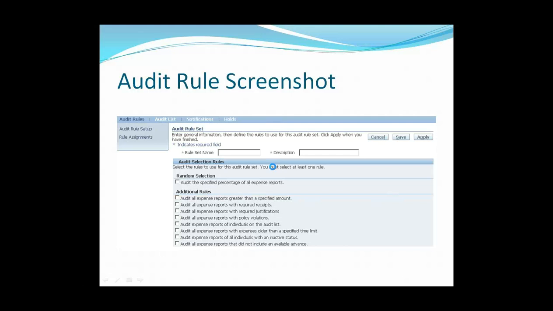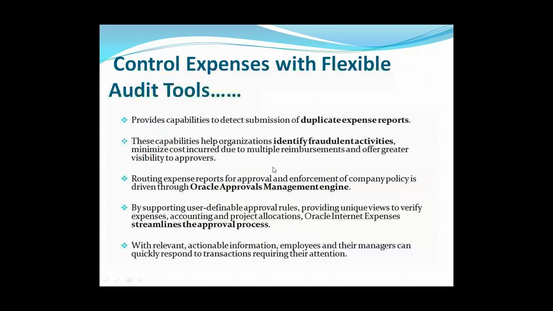Going forward, using this iExpense module, we can also control the expenses with flexible audit tools. Okay. Because in the iExpense module, we have certain tools which can be used to detect the submission of duplicate expense reports. Okay. So the duplicate expense reports are prevented from being entered in the application.